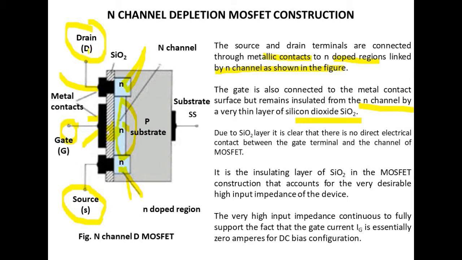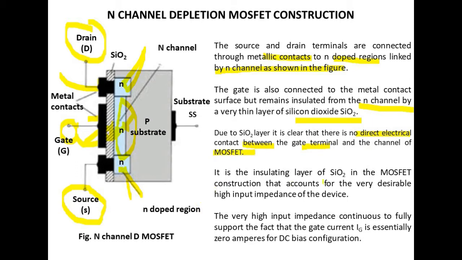But the drain is directly connected to the N region. Here silicon dioxide is not coming in between. Due to the SiO2 layer, it is clear that there is no direct electrical contact between the gate terminal and the channel of MOSFET.